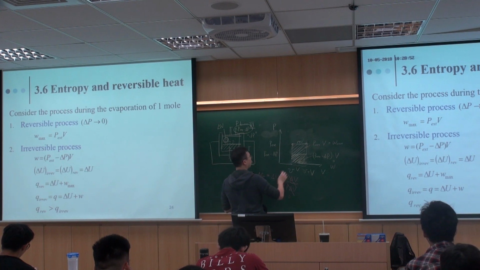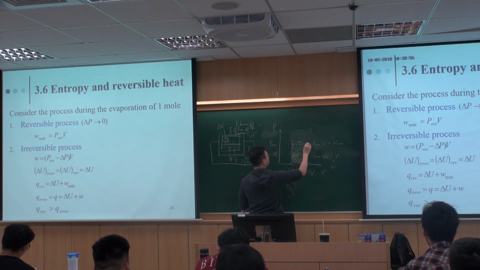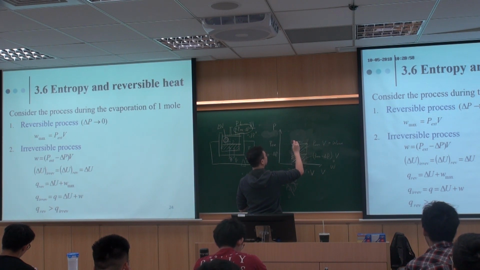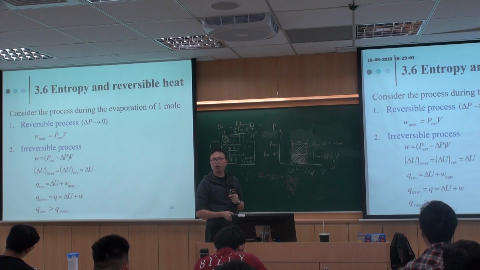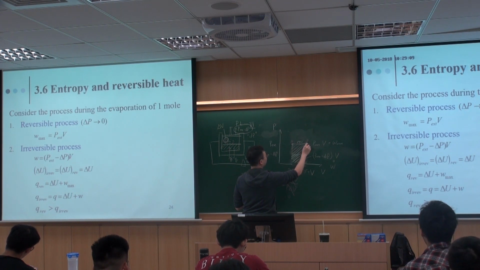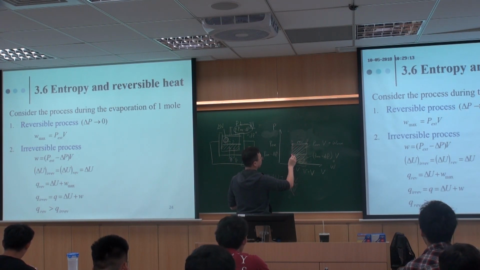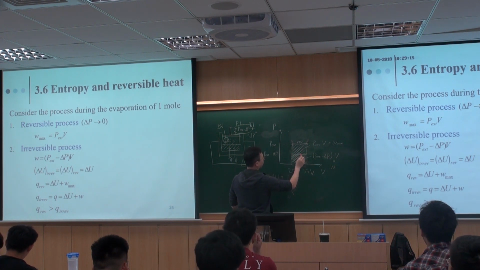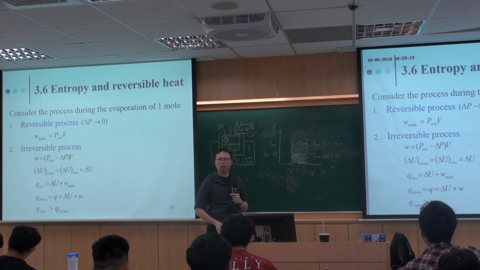So for both cases, we start from state A and we end up at point B. The states A and B are the same, but the paths are different. For reversible, we go from here to there. But for irreversible, we have a drop in pressure, then an expansion of volume, and then we go back to the state we want.